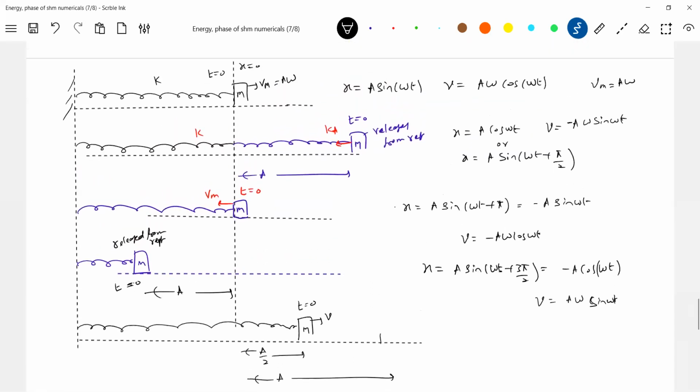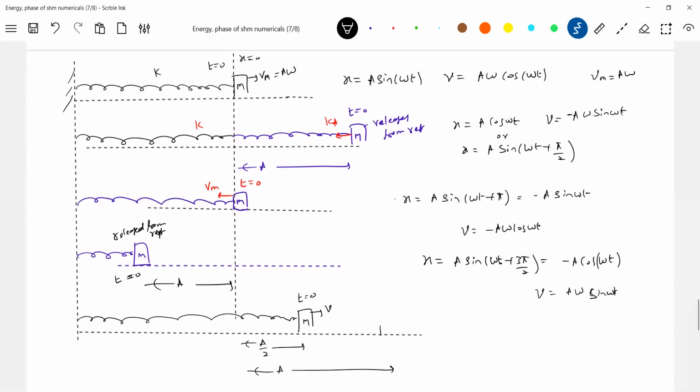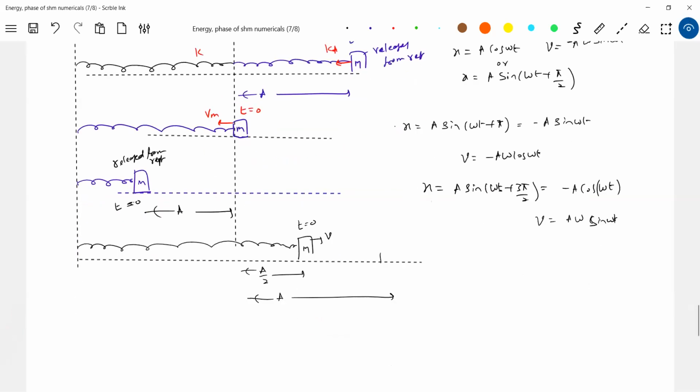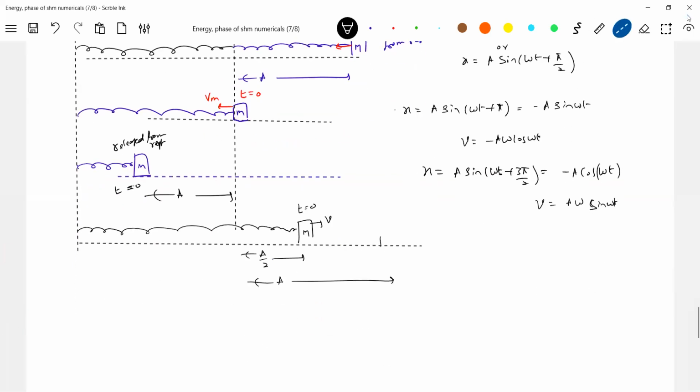It can happen, no? I'll count time when the block is somewhere here. Okay, no problem. Then what is the equation of SHM? Getting the idea, no?